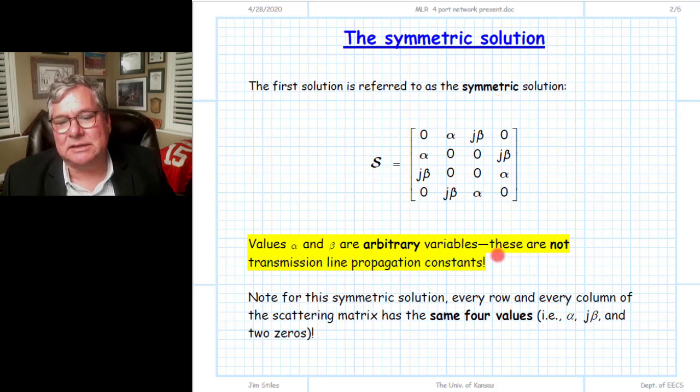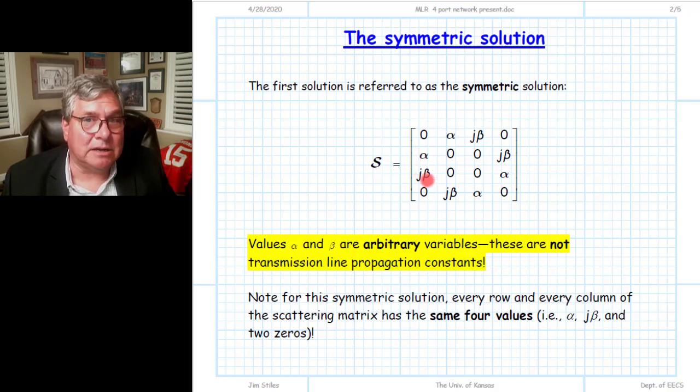If you look at this, we find that there are essentially four values that have permutations in order across each of the four columns of the scattering matrix. Those four values are alpha, j beta, and two zeros. Every column has an alpha, a j beta, and two zeros. Strictly speaking, alpha and beta can be complex numbers.